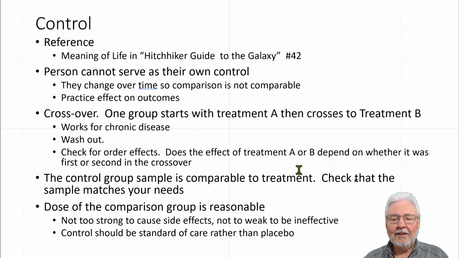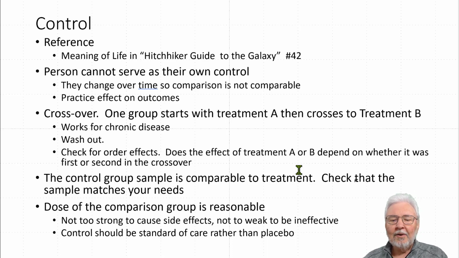If you're testing a particular medication with diabetes, you can do that for a while, then have a washout period, and then start the other drug. But if you have an infected red eye, and you give them one drug, and then you cross over to a different drug, well, by the time you cross over, the pink eye is probably gone. And so it doesn't really work out too well.